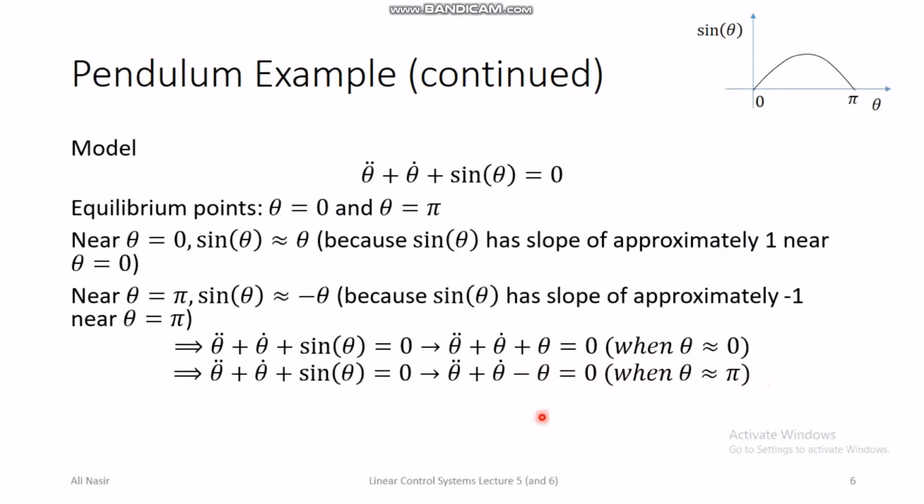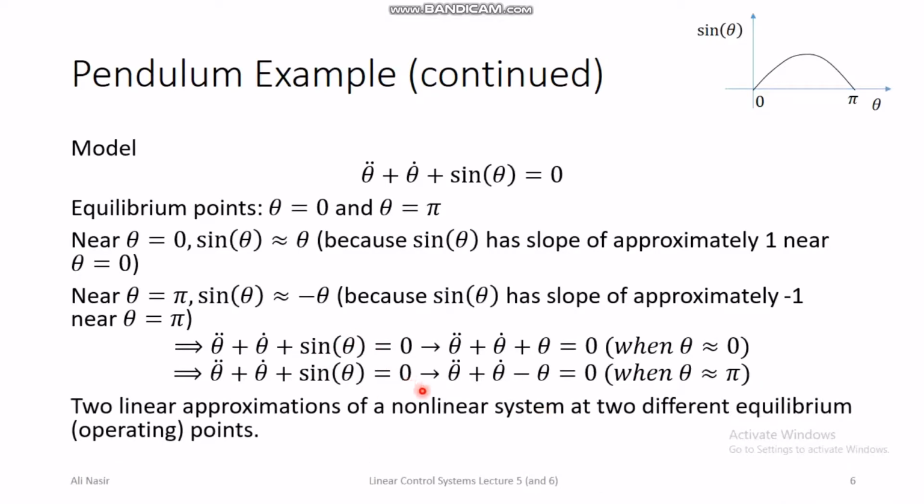So these are the two linear approximations of this nonlinear differential equation. This differential equation is nonlinear because the sine term is nonlinear. The double derivative is a linear term, the single derivative is a linear term, but this is a nonlinear term. So this nonlinear differential equation has two linear approximations depending upon the two equilibrium points.